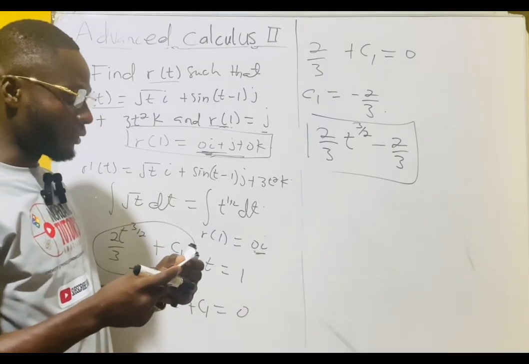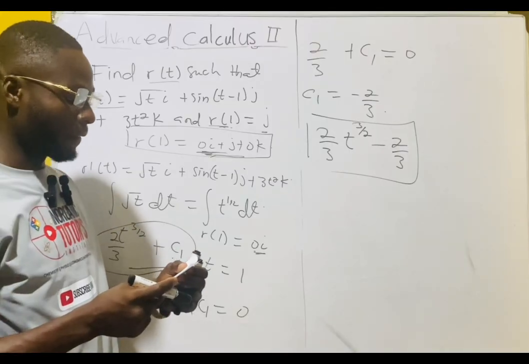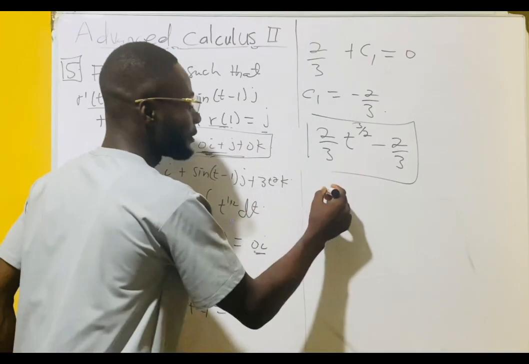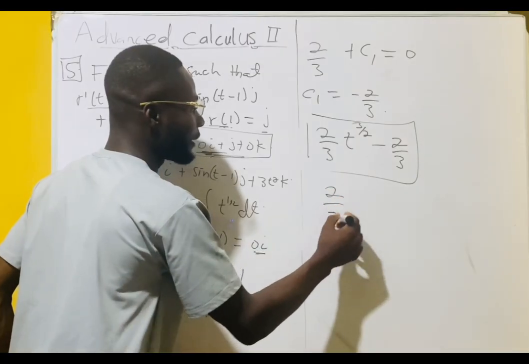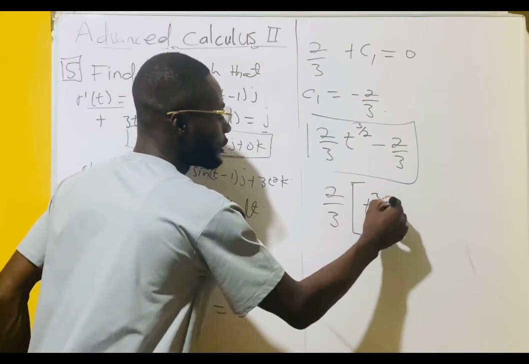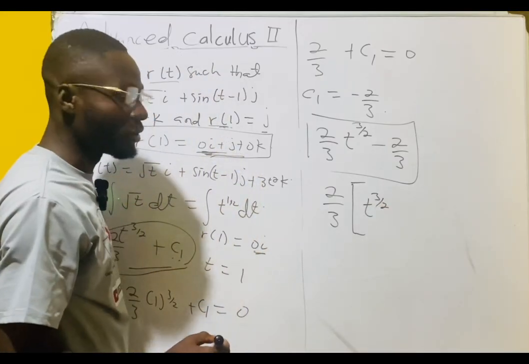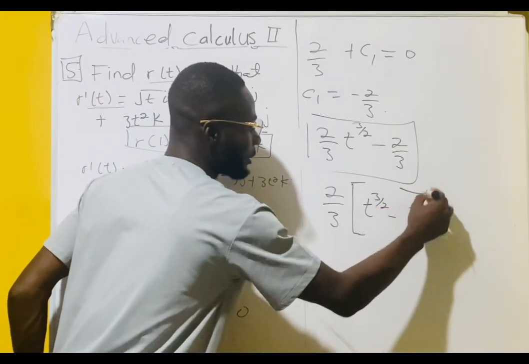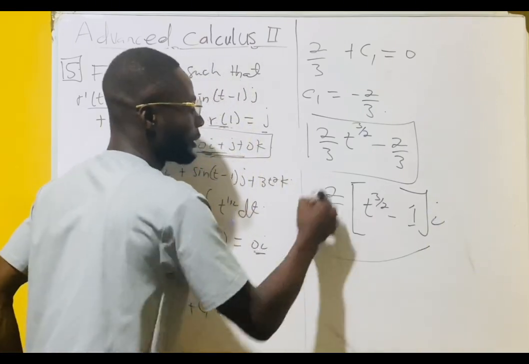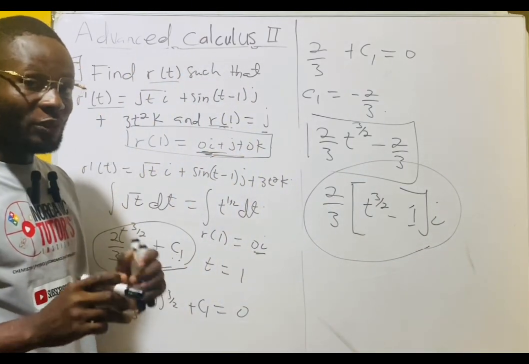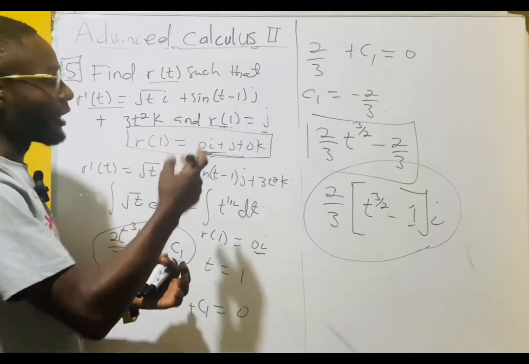Okay, so this is basically the same as 2 on 3 times t to the 3 on 2 minus 1, and this is the i component, right? So this is the very basic way you can do this kind of work.